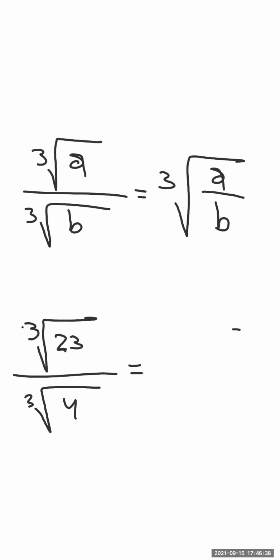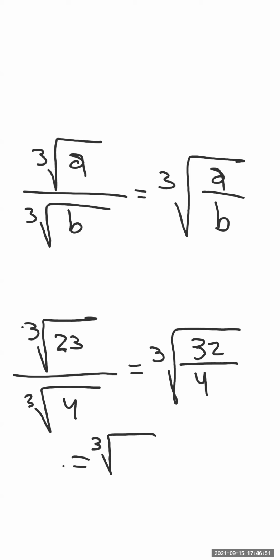This means it will equal the cubic root of 32 over 4, which means 8. So cubic root of 8, which is equal to, correct?